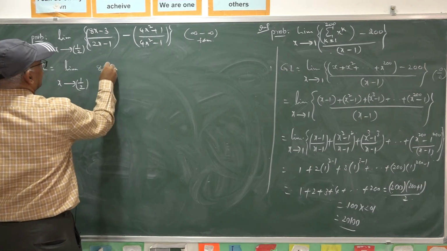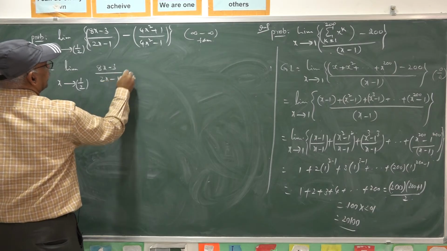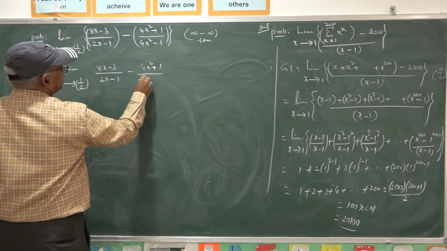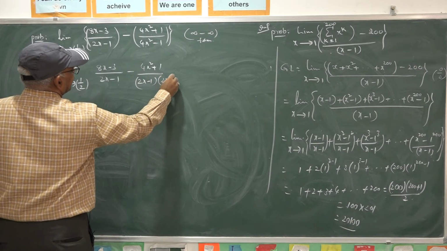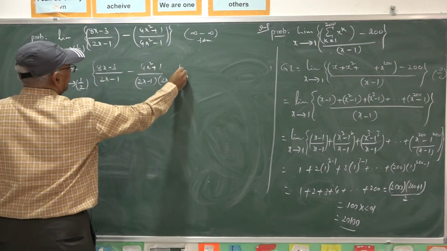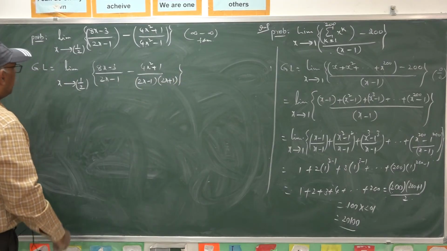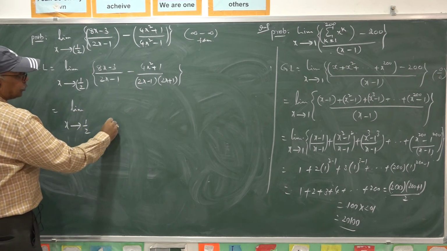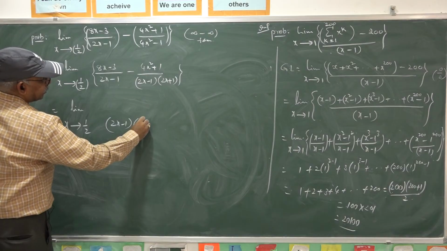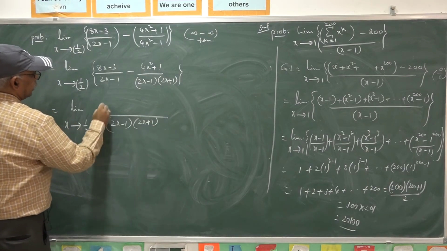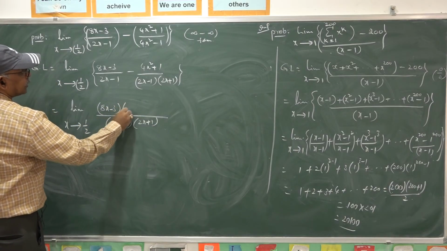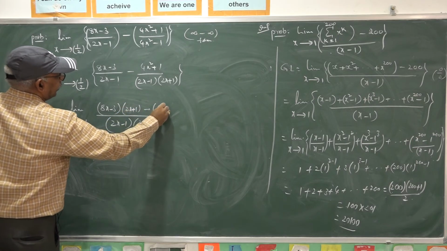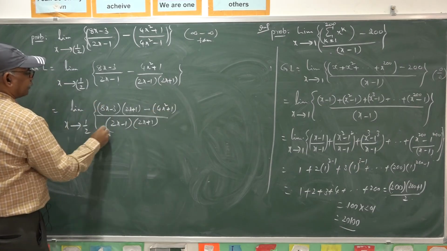This is (8x minus 3) by (2x minus 1) minus (4x square plus 1) by, the denominator here may be expressed as (2x minus 1) into (2x plus 1). Now on simplification by taking LCM as (2x minus 1) into (2x plus 1), we get (8x minus 3) into (2x plus 1) minus of (4x square plus 1) as the numerator.